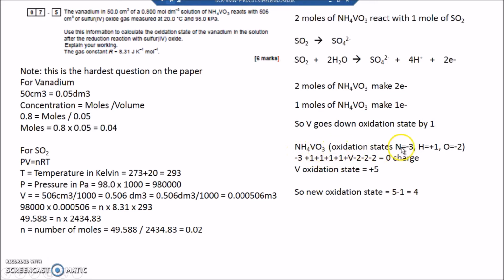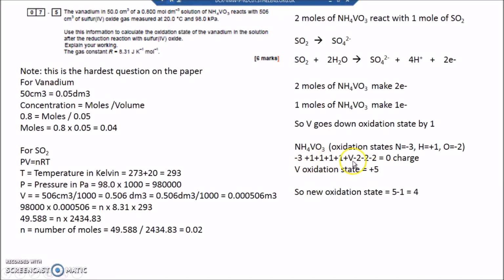NH4VO3: the oxidation states are N is -3, H is +1 and O is -2. Because N is in group 5, it accepts 3 electrons, H is in group 1, it loses 1 electron, and O is in group 6, it gains 2 electrons. So now I can do some simple sums. -3, add 4 times 1, V we don't know the oxidation state, and O is 3 times -2, and that's all got to equal 0 because there's no charge on this.